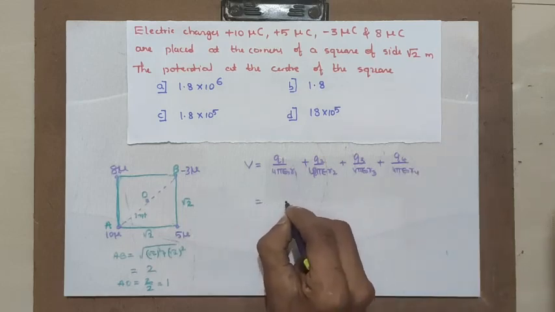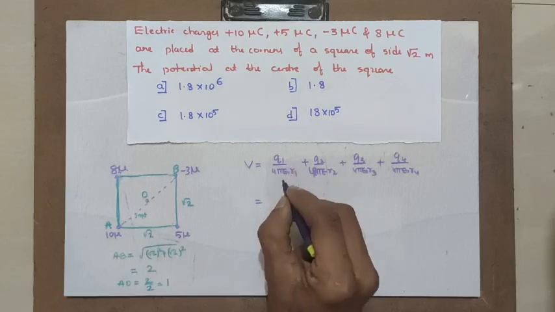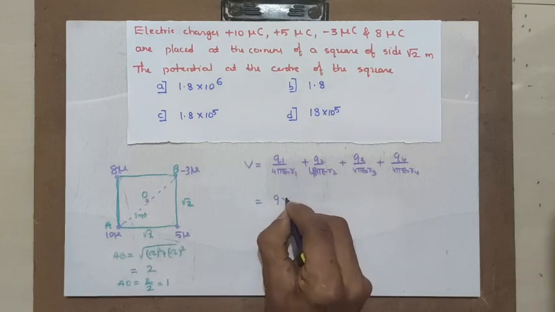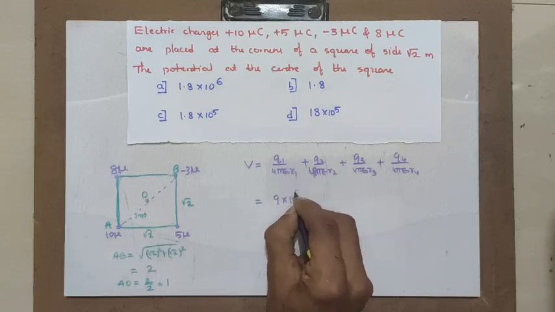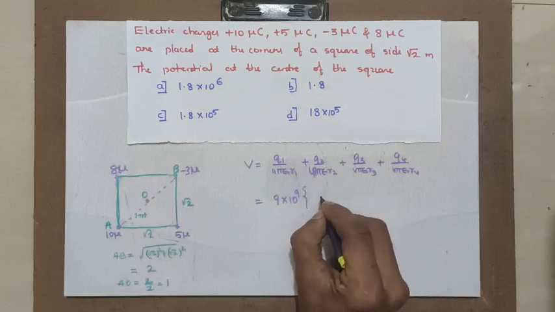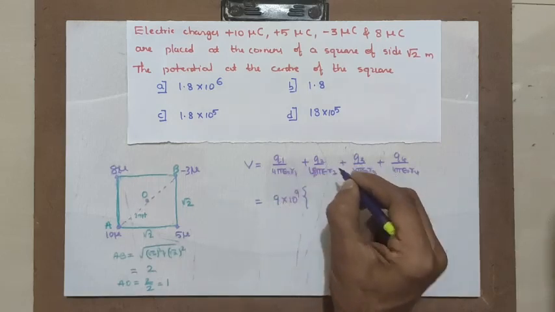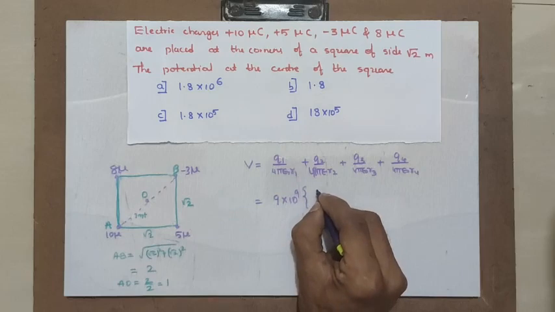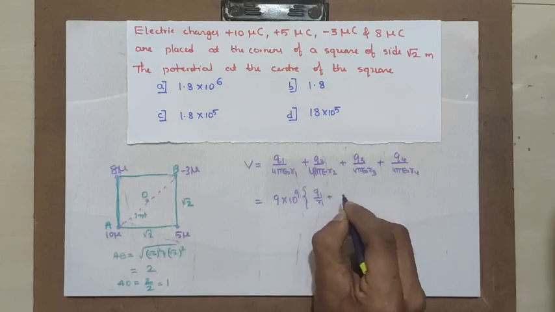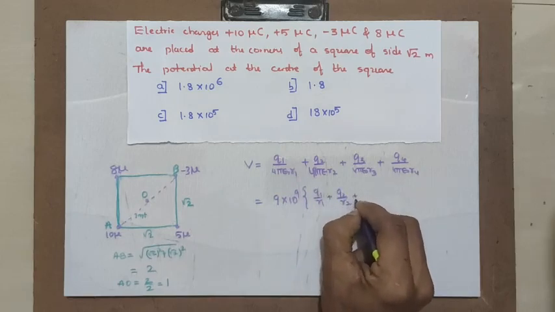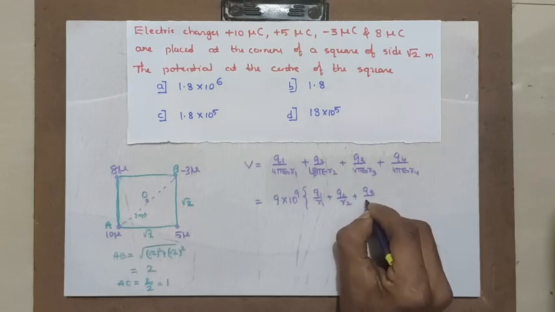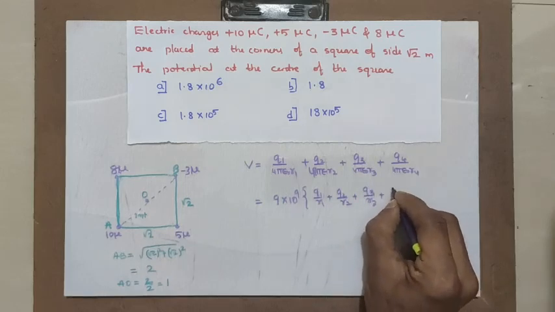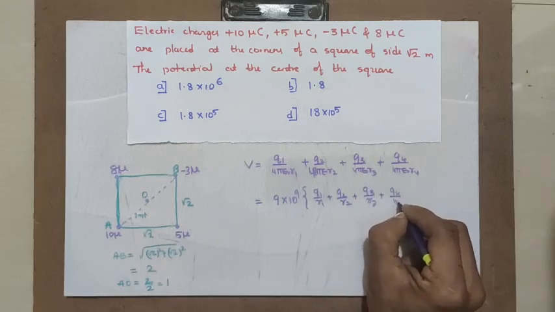Now here, 1 over 4 pi epsilon naught, as you know from my previous class, is 9 into 10 raised to 9. So it becomes Q1 by R1 plus Q2 by R2 plus Q3 by R3 plus Q4 by R4.